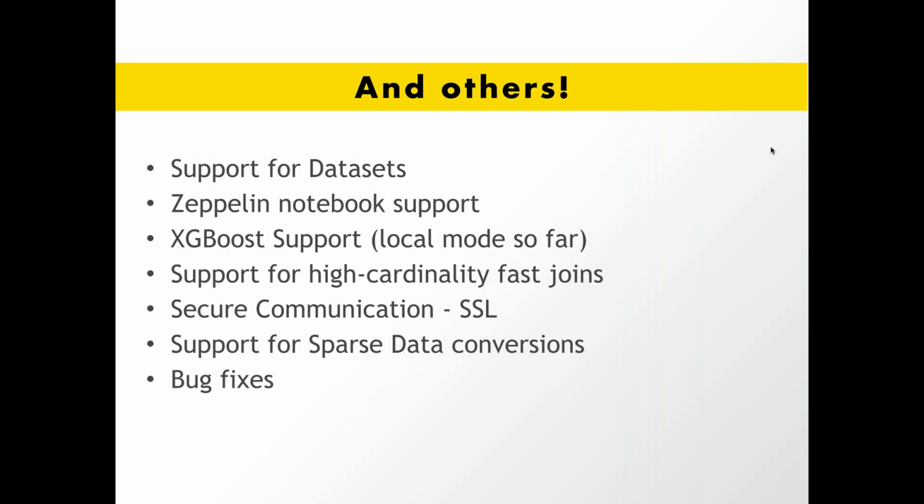And we also have support for sparse data. Right now we properly handle sparse data from Spark, so we don't process all the data. We can smartly infer where the data is stored and on which columns and rows we need to work, and we try to be smart with regard to this. And lots of bug fixes.